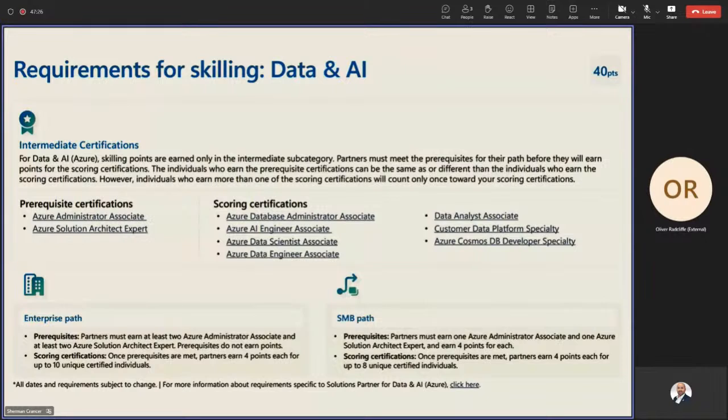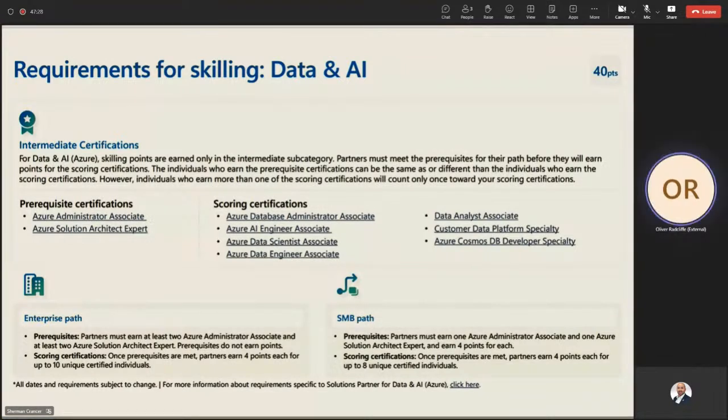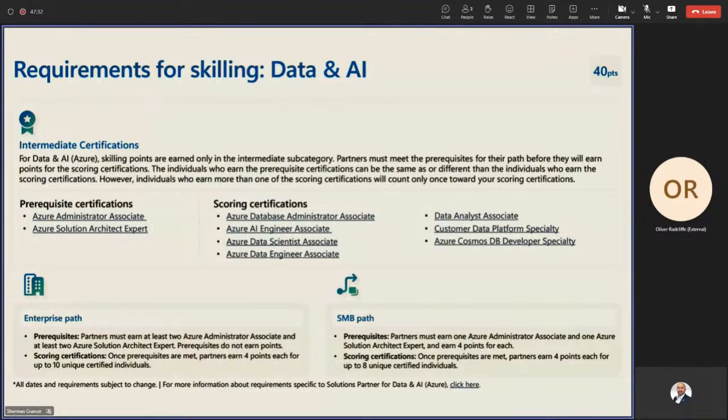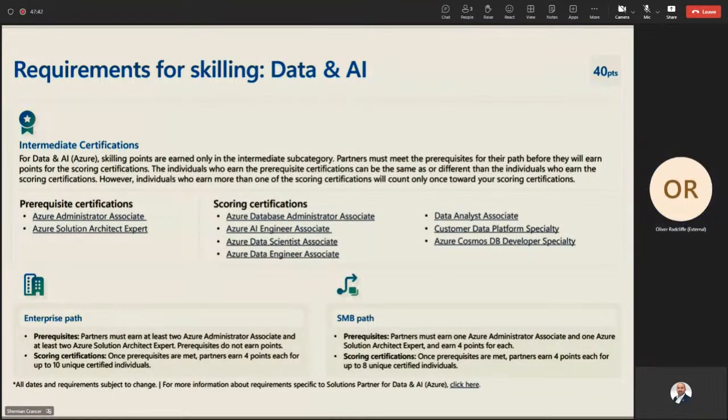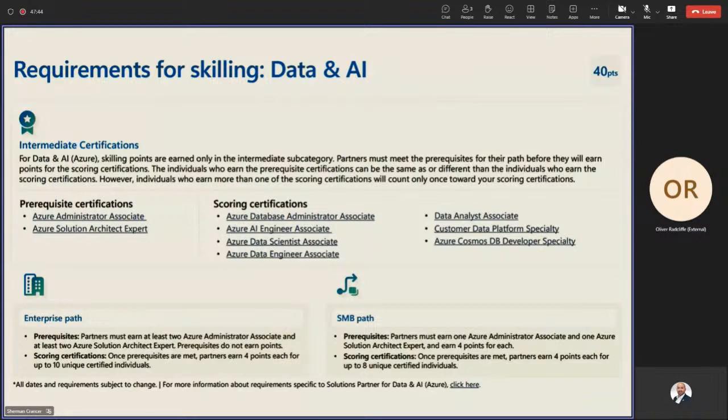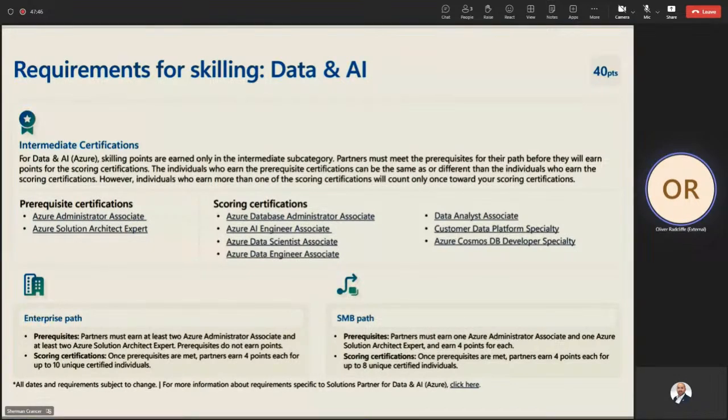No, they have to be unique individuals. Oh, okay. Yeah. The prerequisites have to be unique. The scoring could be that 1 unique, and he's got the scoring certs. Okay. But yeah, the prerequisites. So you'd have 16 points then, because Azure admin associate is a prereq for architect expert.